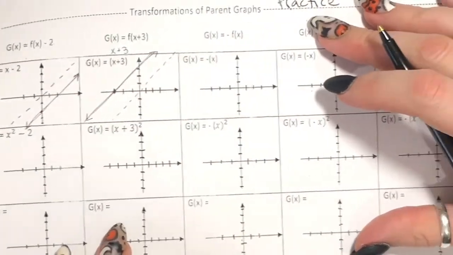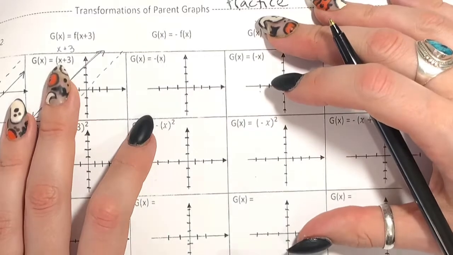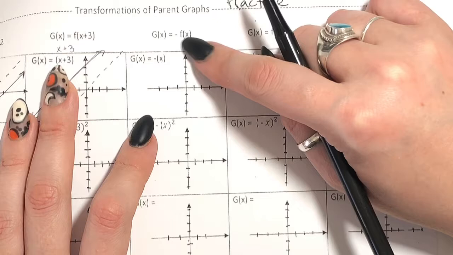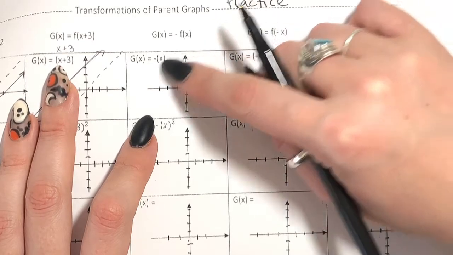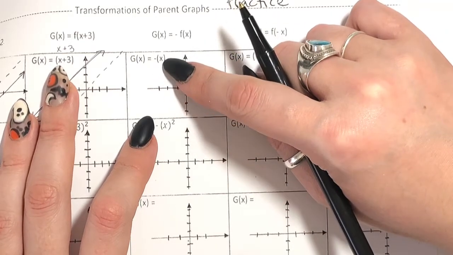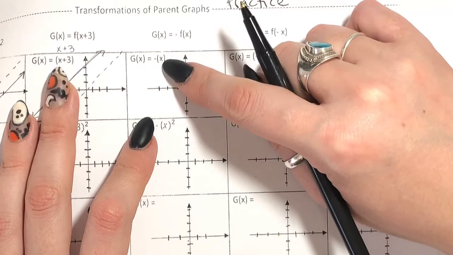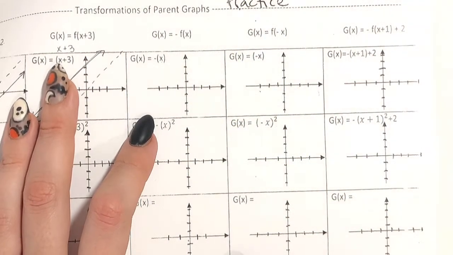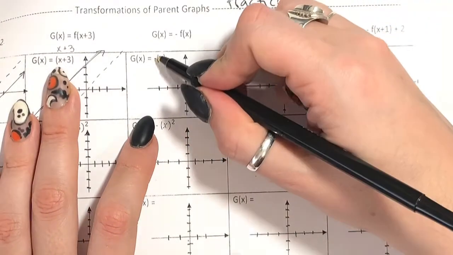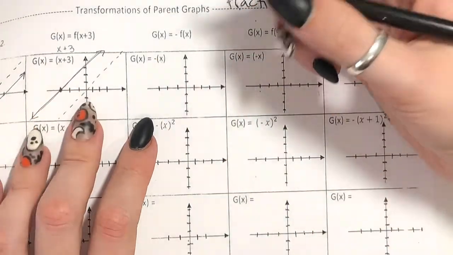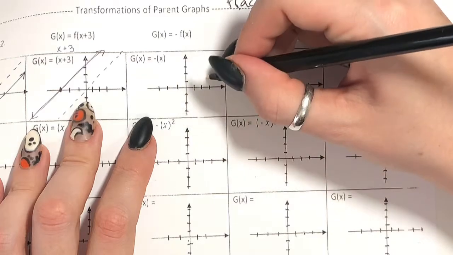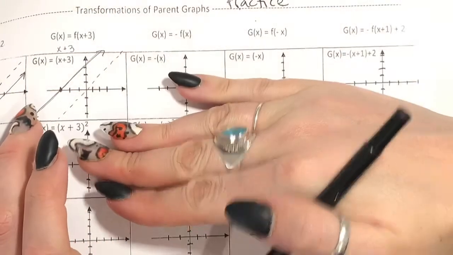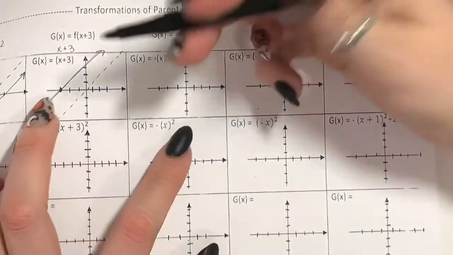Okay, let's look at this one. So notice here, we have the negative f of x. That negative is in front of the x. It's not inside these parentheses right here. So this is going to be one of your reflections, but when the negative is on the outside of the parentheses, that's where you flip over the x-axis, or your vertical reflection. So think of folding it backwards.